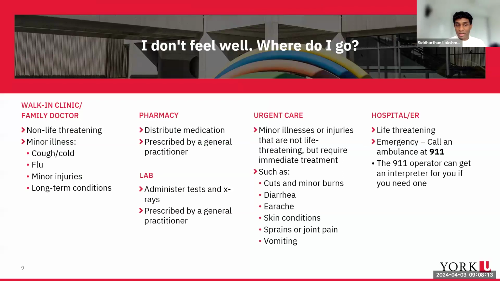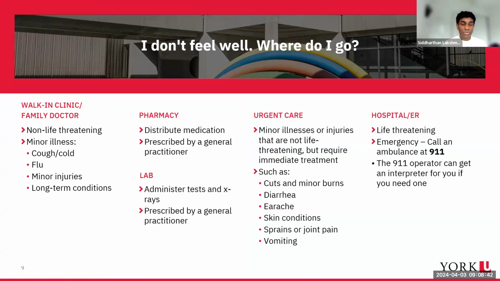So firstly, looking at how to navigate the healthcare system in Ontario. Let's say you're in Canada, you're not feeling well, where do you go? I think that's the primary question that a lot of international students are faced with. So I'm just going to break down the different healthcare services that are available to you as a resident in Ontario. The first and primary healthcare service that you would access most frequently is known as a walk-in clinic or a family doctor.